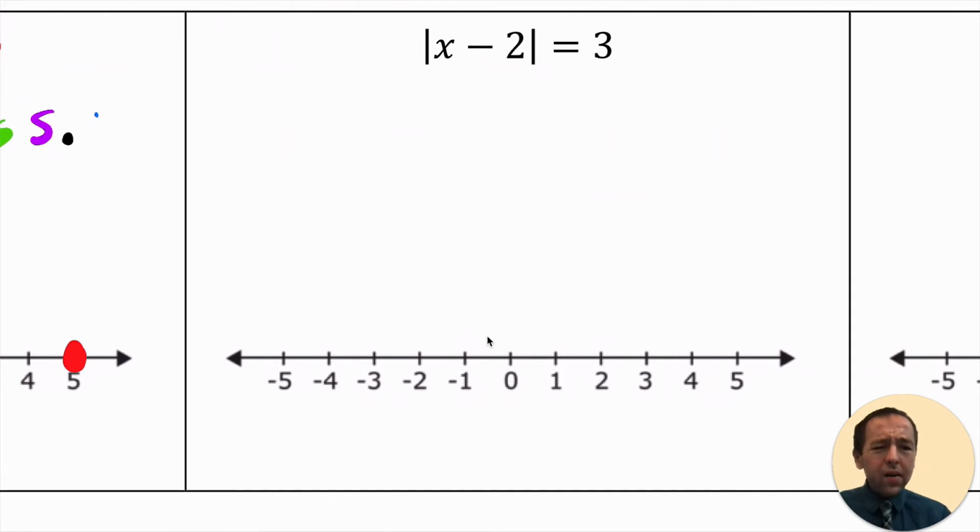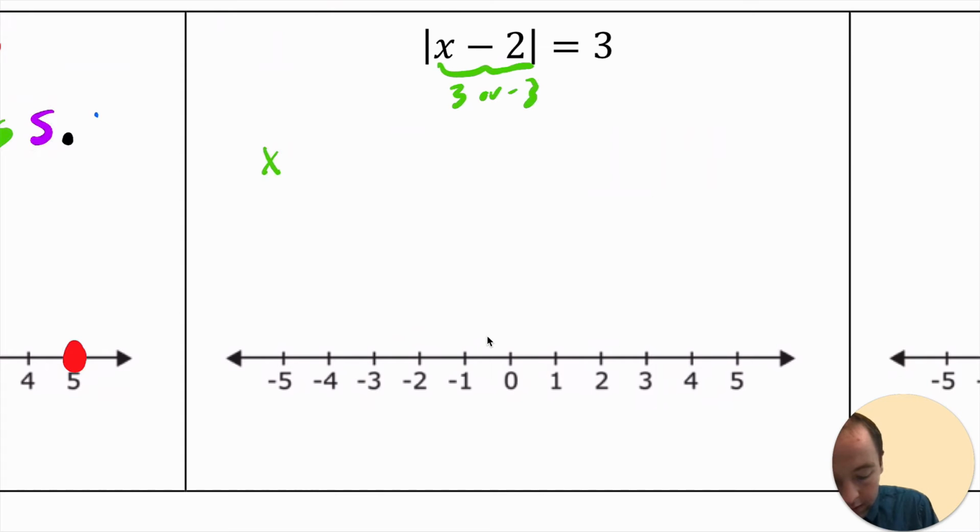Okay, so I'm going to solve this equation first, and then I'll write it in sentence form and show you some cool things graphically about what's going on with this one. With this particular equation, we're taking the absolute value of the quantity x minus 2, and it equals 3. So of course, that means that x minus 2 has to have value 3 or -3.